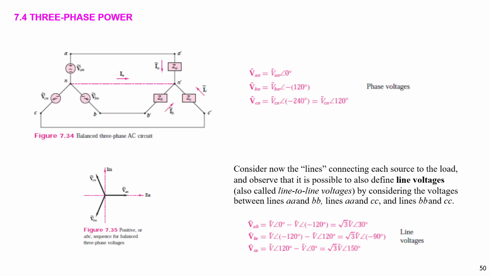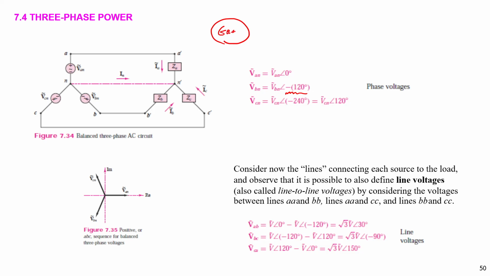And for three-phase power, we will have voltages with three-phase shift. We have phase A, phase B, phase C, and the angles are shifted from each other by 120 degrees. For large power generation, we use the generator.